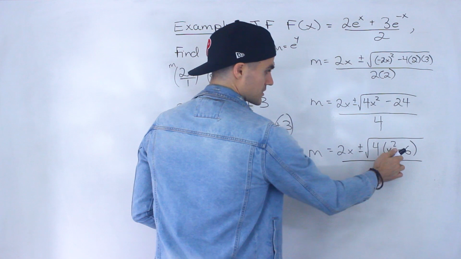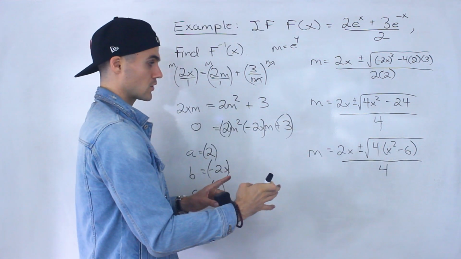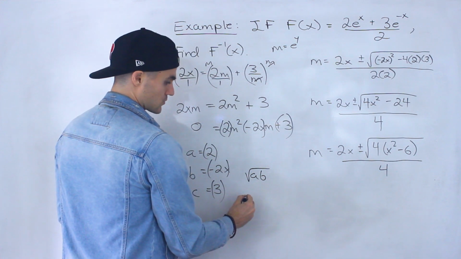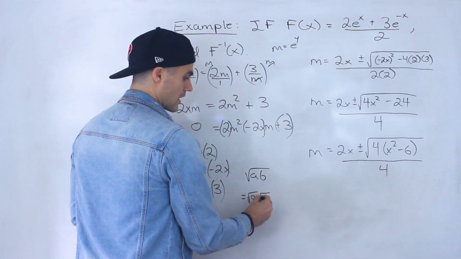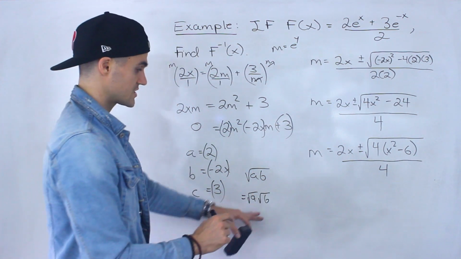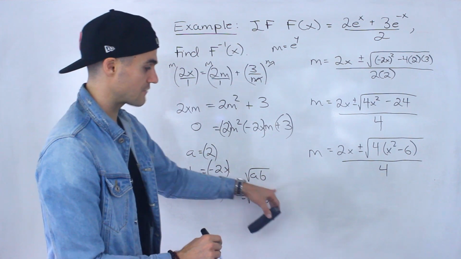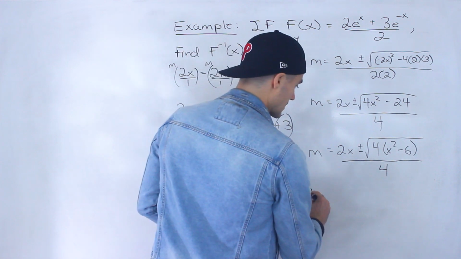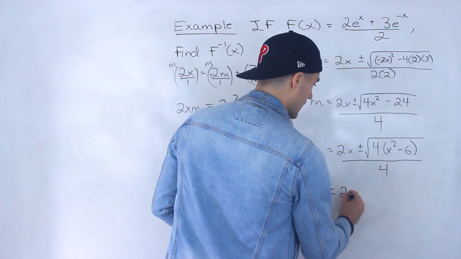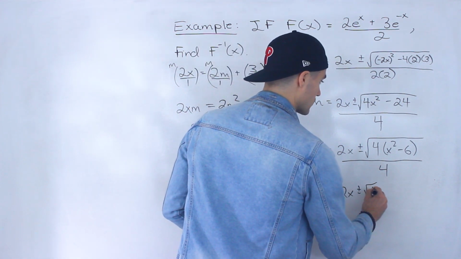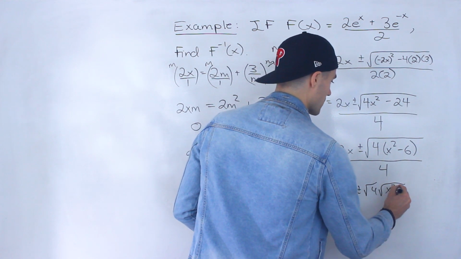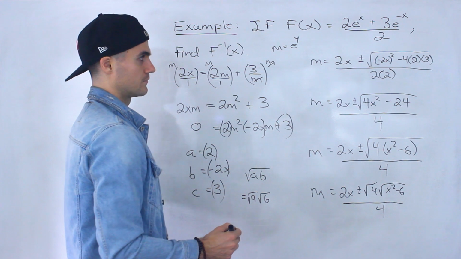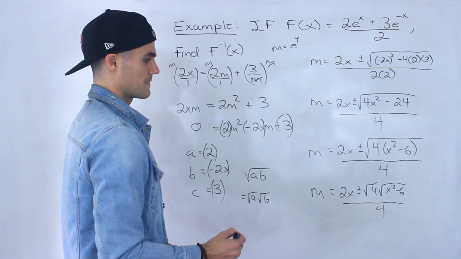And notice that we got two expressions that are multiplying under the square root. And whenever you got two expressions that are multiplying under a square root, basically you can take the square root of both of those expressions separately. So we can rewrite this here as m equals 2x plus or minus the square root of 4, times the square root of x squared minus 6, all over 4, like that.